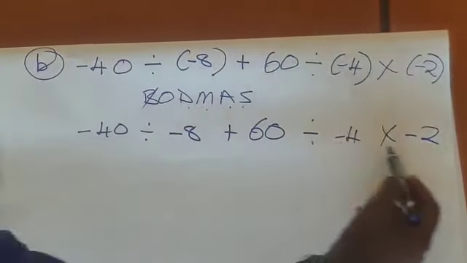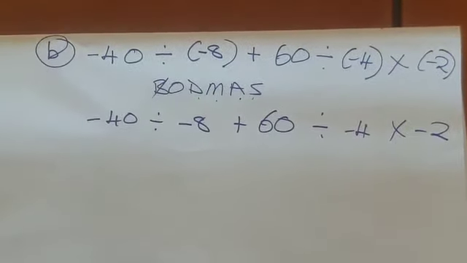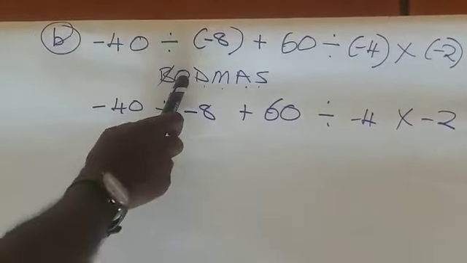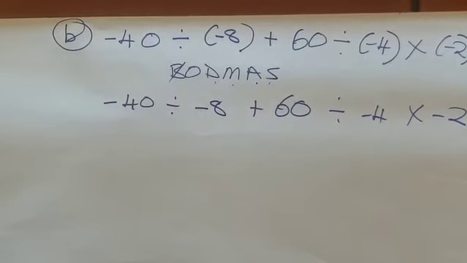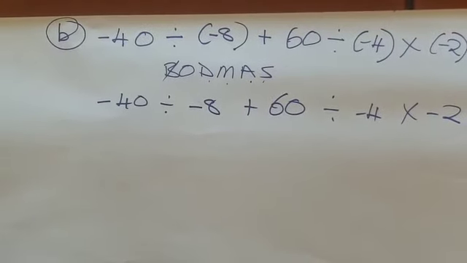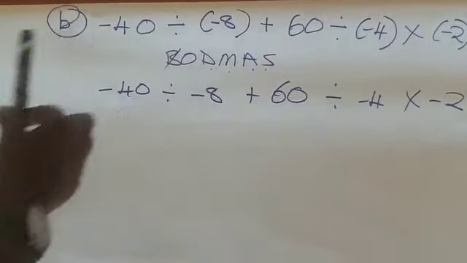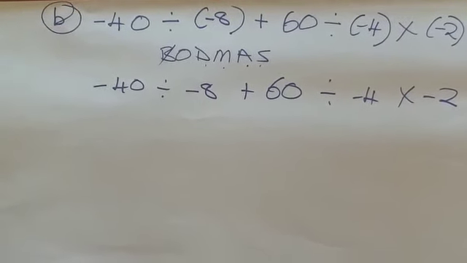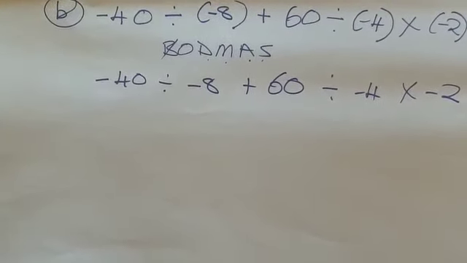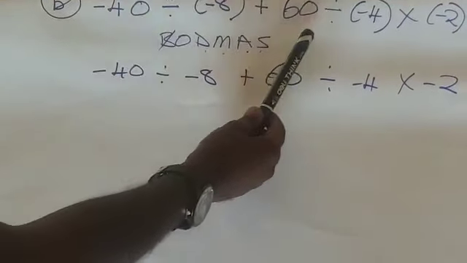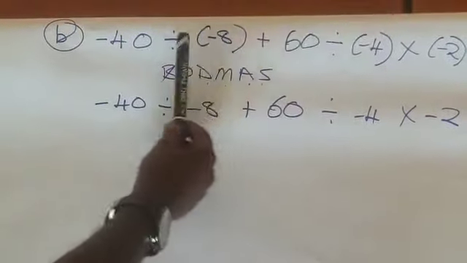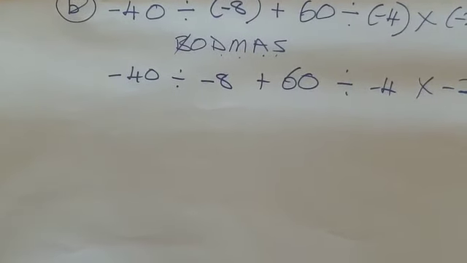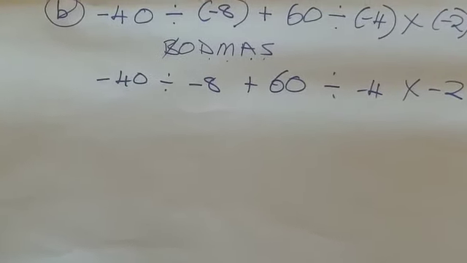When you look at this one, it doesn't have anything to do with the brackets. The second thing, don't forget O stands for of, so it doesn't have any meaning in this question. So we go straight to D, which simply means division. The operation we use for division is this one. Whenever you see the divide by sign, that is our next target.